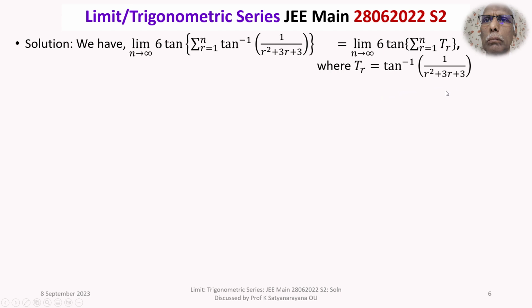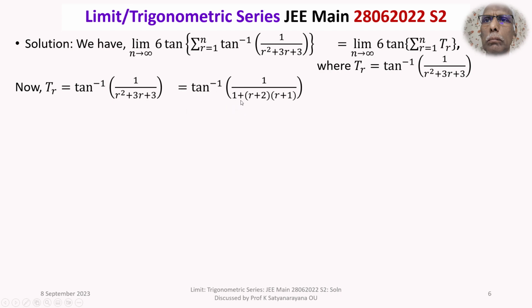In the denominator, r square plus 3r plus 3 can be adjusted: r plus 2 into r plus 1 is r square plus 3r plus 2, so an adjustment of plus 1 is needed. So we write tan inverse of 1 by 1 plus (r plus 2) into (r plus 1).